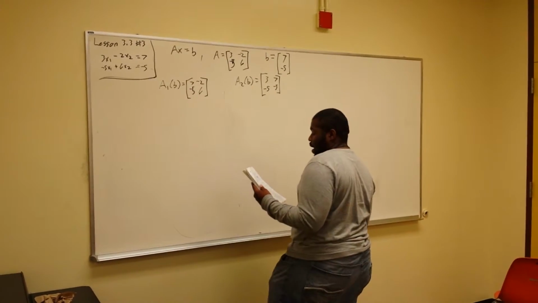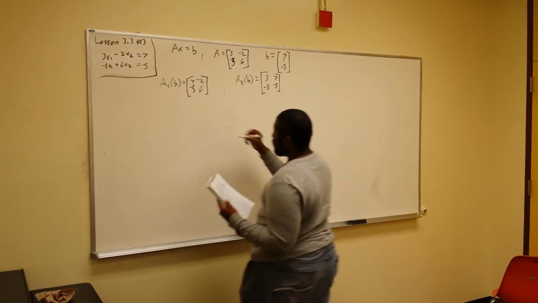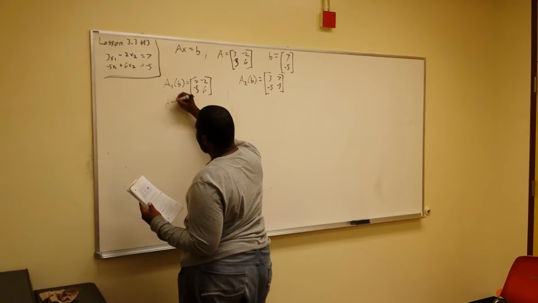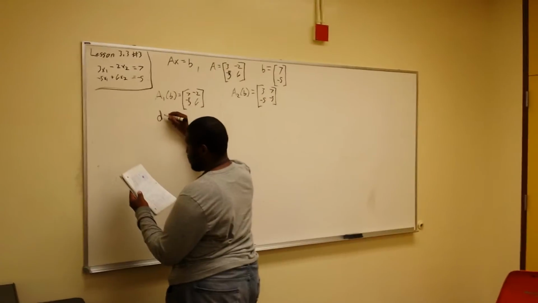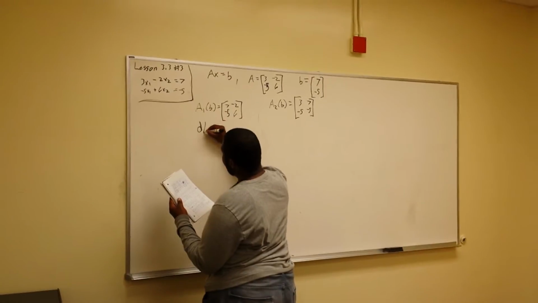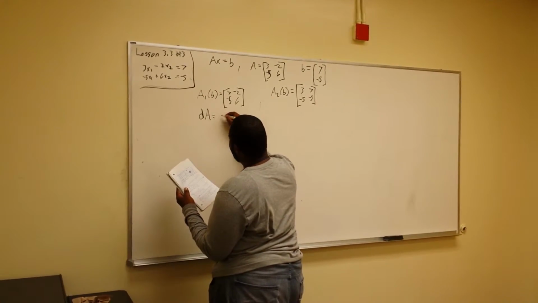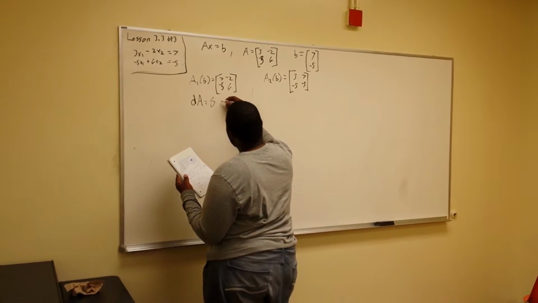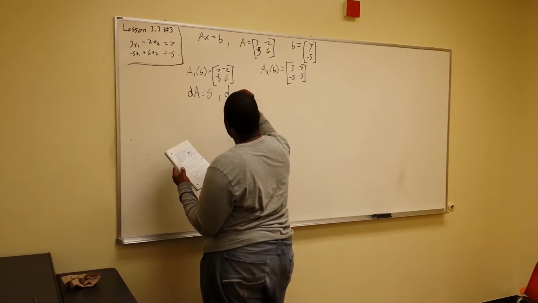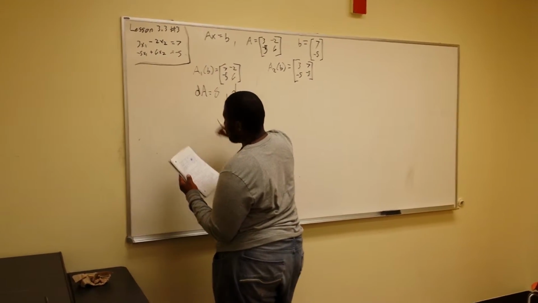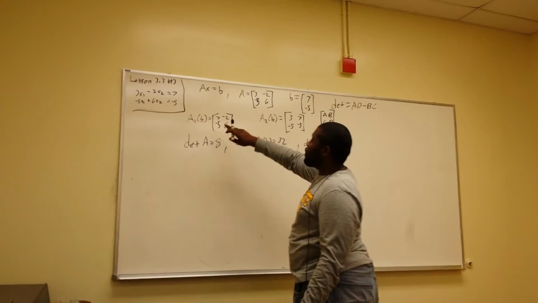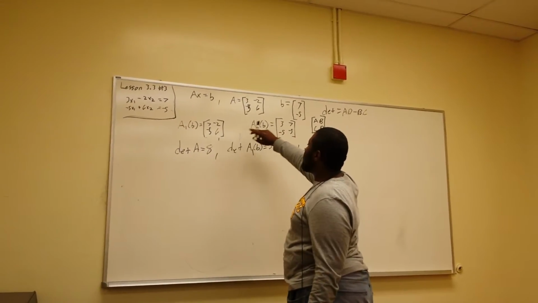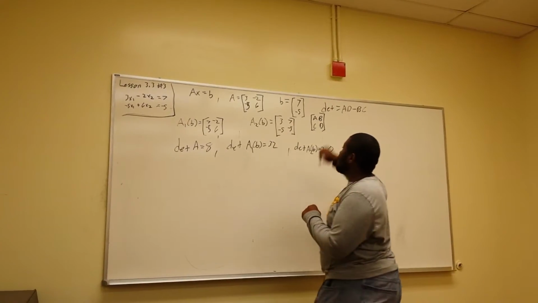Now, after the calculation, we're going to have determinant A equals 8. Okay, so after we get the matrix for A1 of B and A2 of B, we're going to define the determinant.